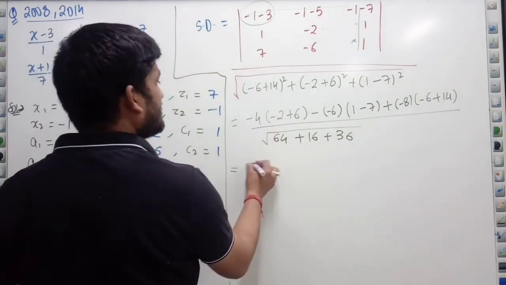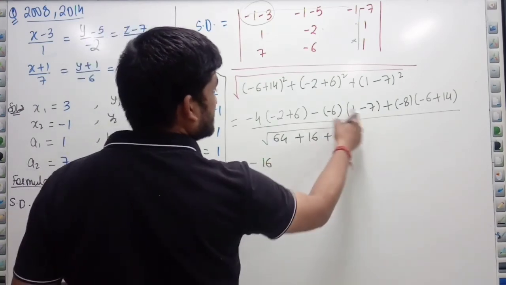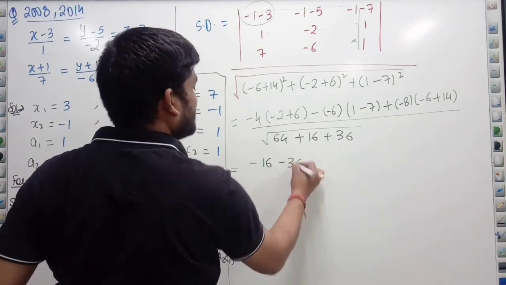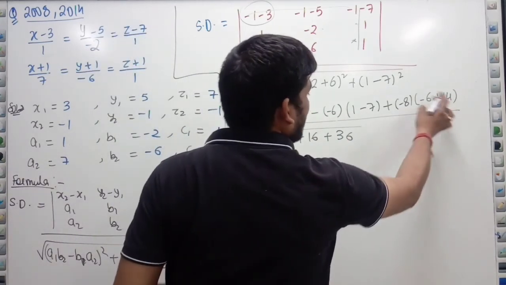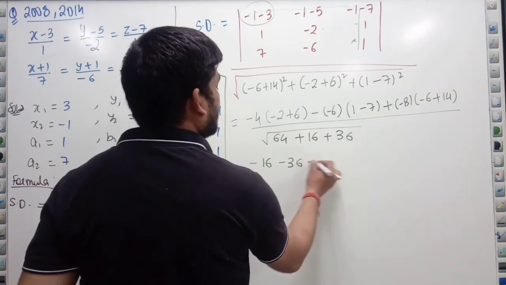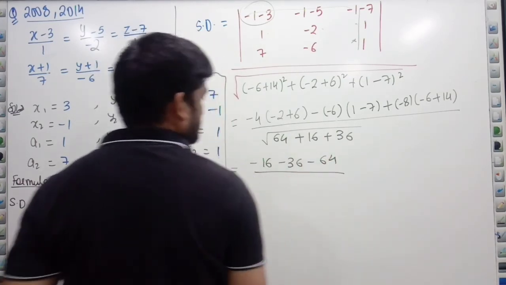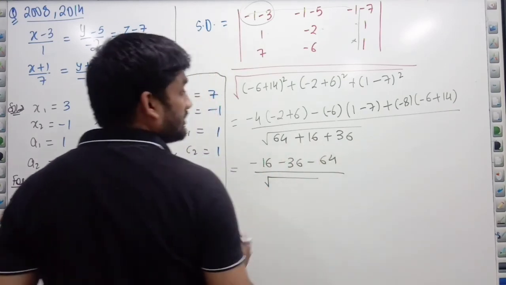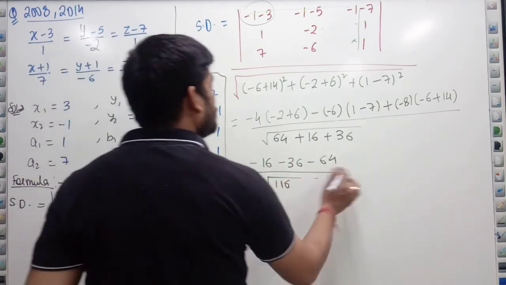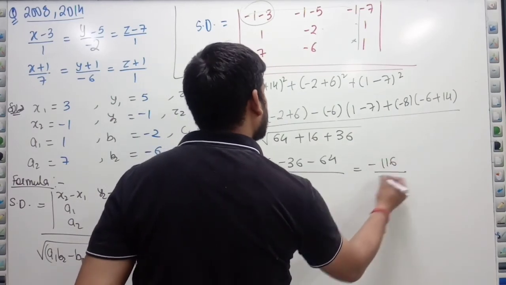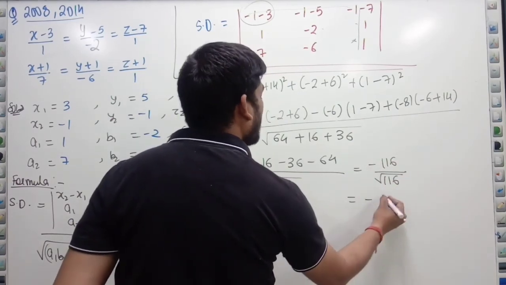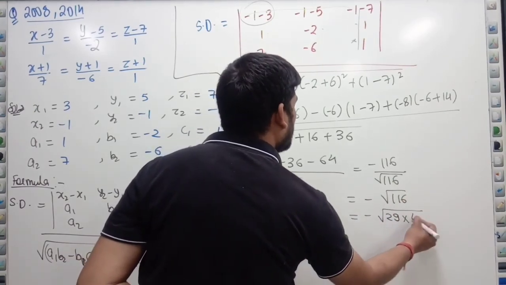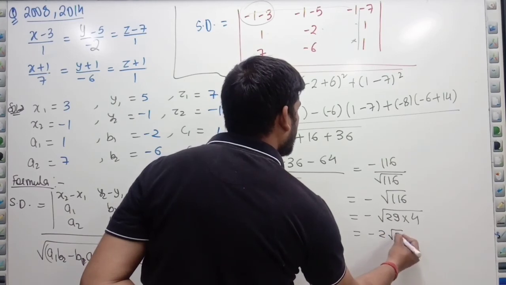So 4 4s are 16, 6 6s are 36. देखो -6 plus 36, this is minus, and plus 8 minus 64 upon, this is under root 16 और 80 and 36 root 116. न्यूमरेटर में आ रहा है -116 upon root 116. That is minus under root 116. That can be written as 29 into 4, minus 2 root 29.